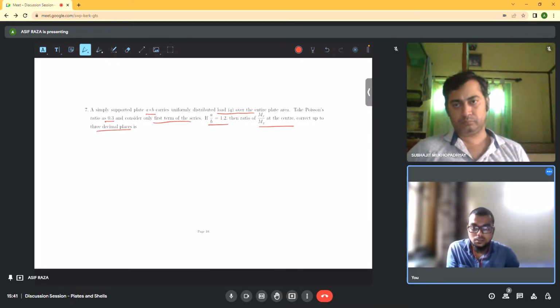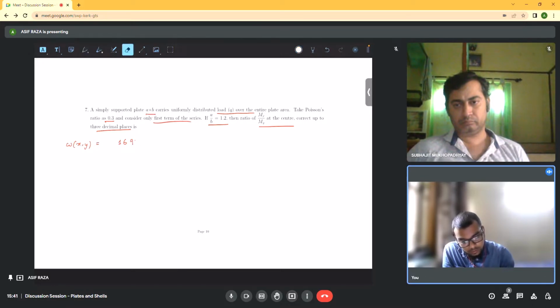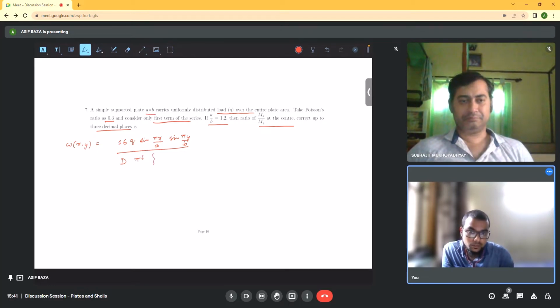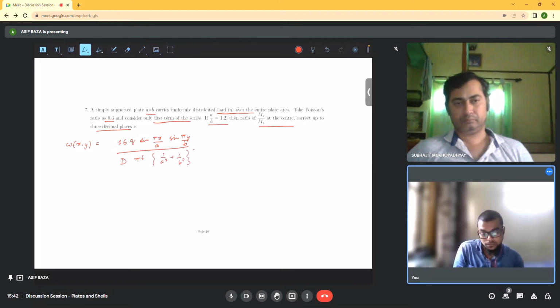So for a UDL, this W(x,y) can be directly written as 16 Q naught, or here the value we have as Q, sine pi x upon A sine pi y upon B upon D mn pi 6, times 1 upon A square plus 1 upon B square whole square, right?